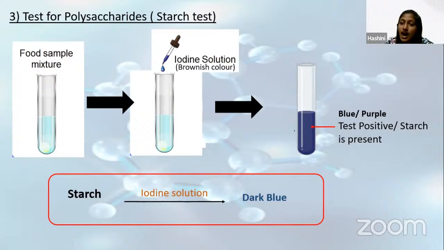It is dark blue or blackish blue. We can explain it in various terms, right? But it is mostly dark blue, right? Blackish colored blue or purple. That means the test is positive. That means starch is present now, right? It is very easy. When the starch is present, what happens when we add iodine solution? It will turn into dark blue or blackish blue, right?